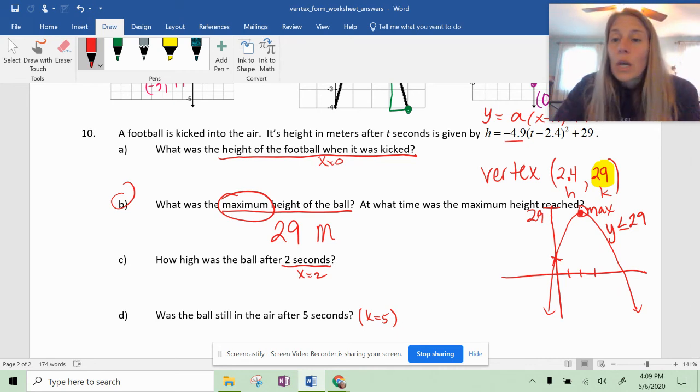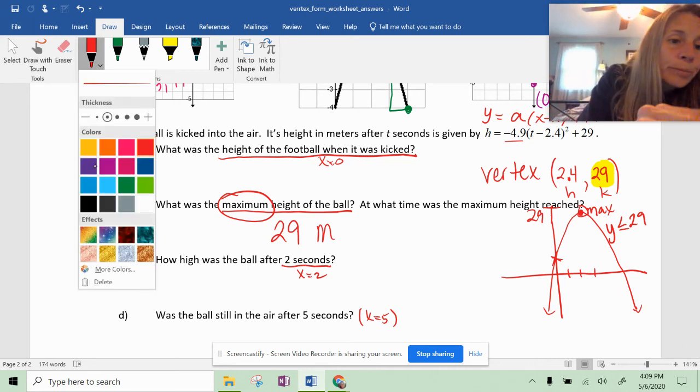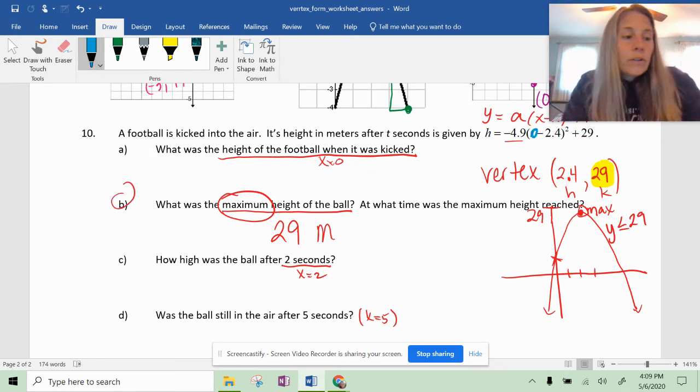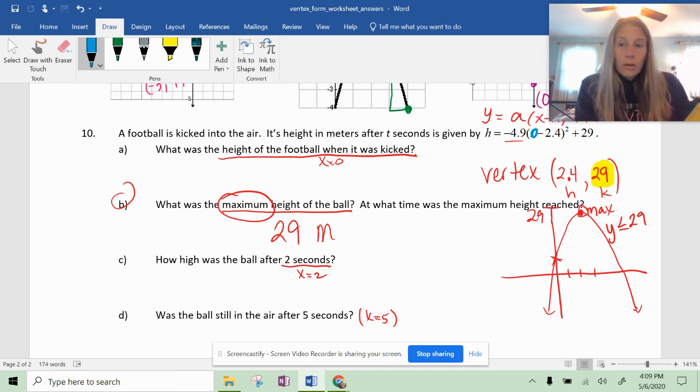So let's try those. So if I put in a 0 for my t, for time, 0 minus 2.4 squared. So I'm just going to do this on my calculator here. Oh, wait, I messed up. Sorry. -2.4 squared.